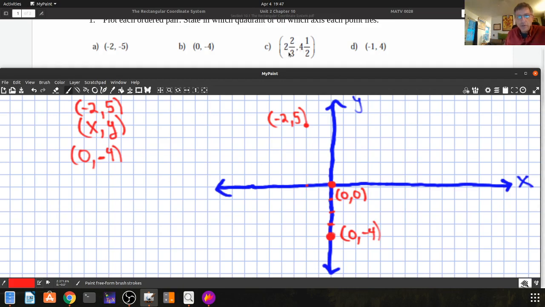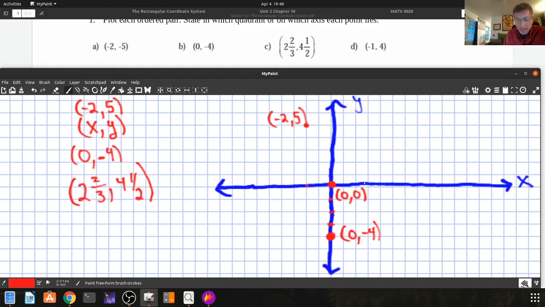Now let's do 2 and 2/3 and 4 and 1/2. So here you just kind of have to eyeball it. And that's all we're going to do. 2 and 2/3 is almost 3. And 4 and 1/2 is exactly between 4 and 5. So again, 2 and 2/3 is my x value. So here's 1, here's 2.